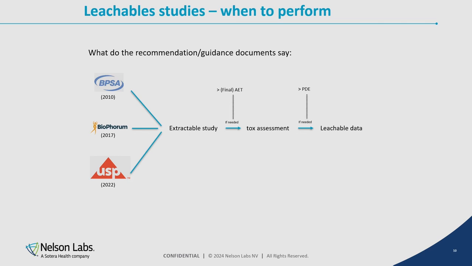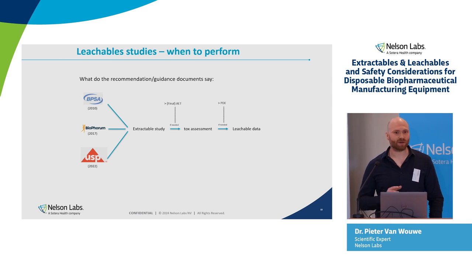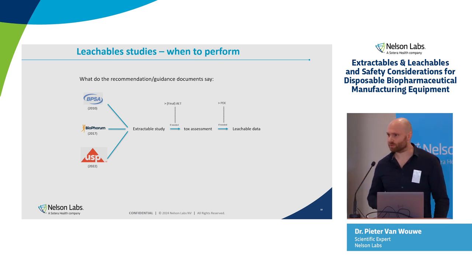We compare those exposures with the permitted daily exposure, which is a compound-specific toxicological threshold. If there are compounds which are present above the PDE, then we need to do a leachable study, because at that point, that is the only way or strategy to show risk control over our process.